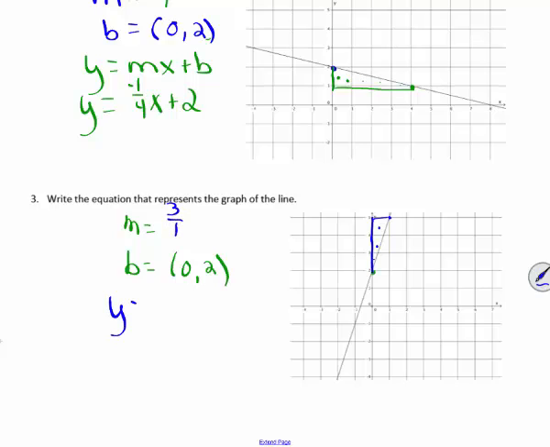So in my general form, y equals mx plus b, we fill in m: 3x. This is a positive, so we write it as, oops, not plus b. How about +2? That makes a little bit more sense. +2. Okay, let's see what else we have.